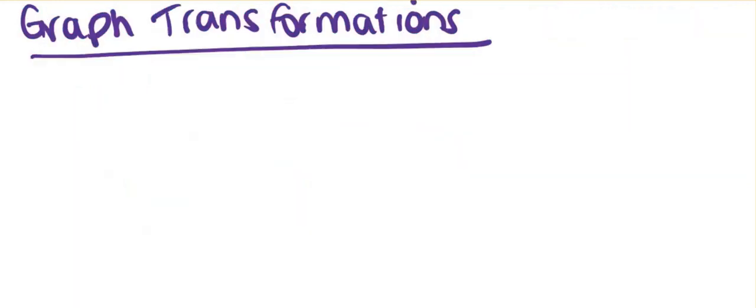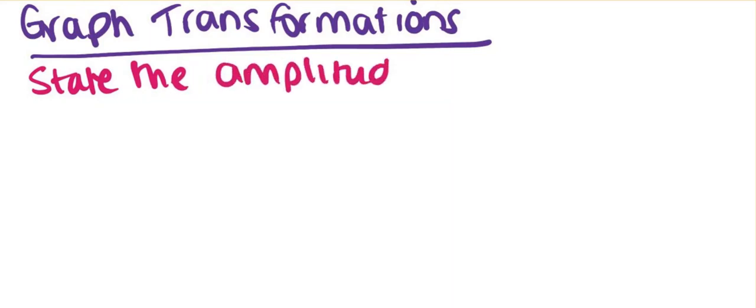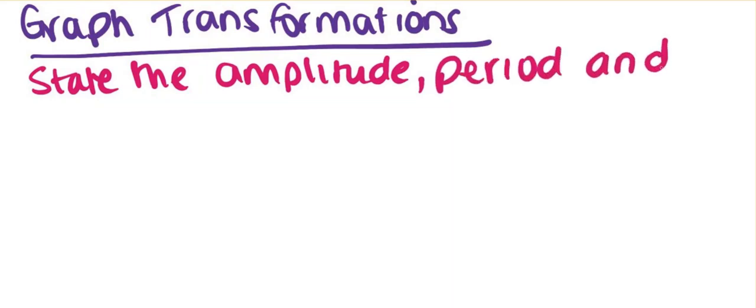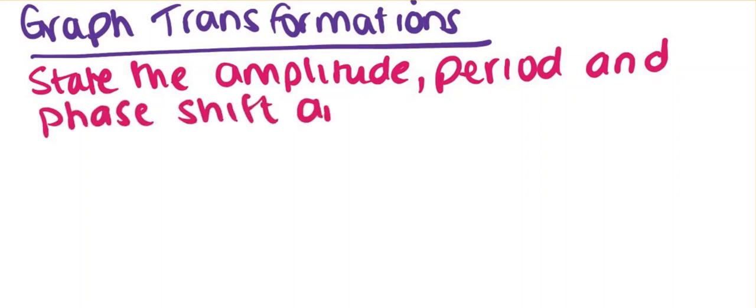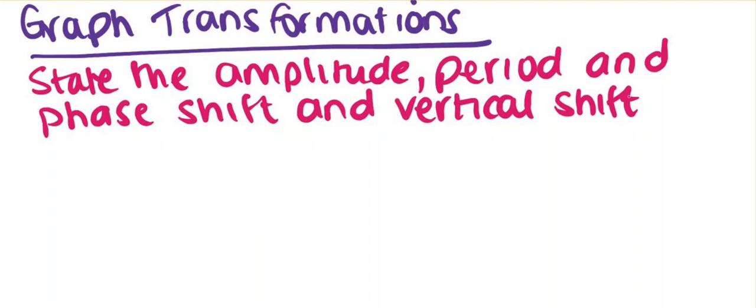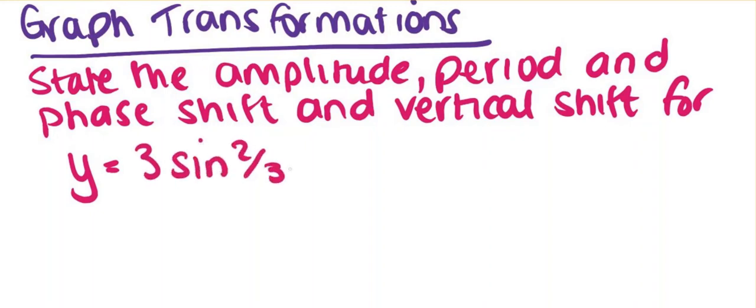Okay, so we're going to look at our graph transformations, and we need to state the amplitude, the period, and the phase shift and vertical shift for y equals 3 sine 2/3 theta minus pi, plus 4.